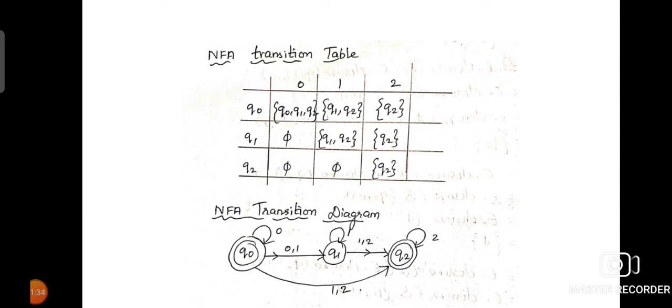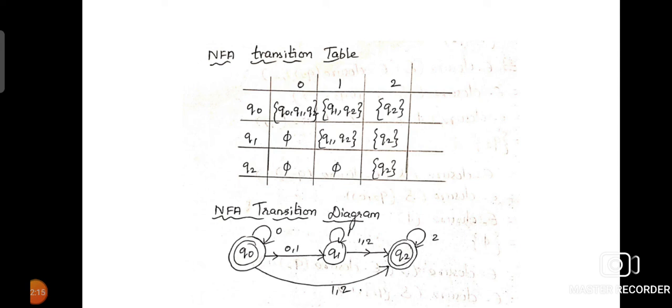Then from the table we have to apply the edges. For example, when we apply 0 to Q0, the new state is both Q0 and Q1. And when we apply 1 to Q0, the new states are Q1 and Q2.